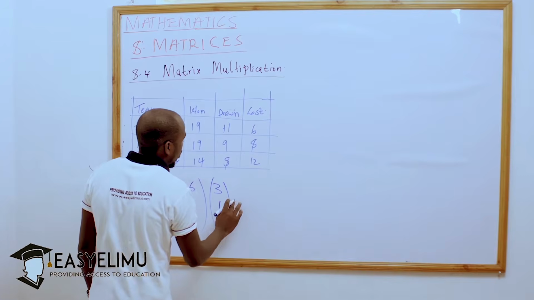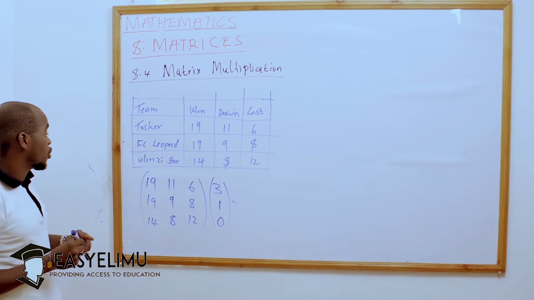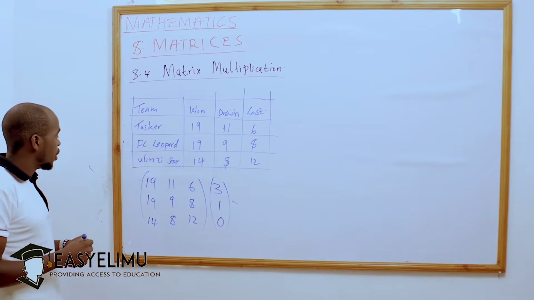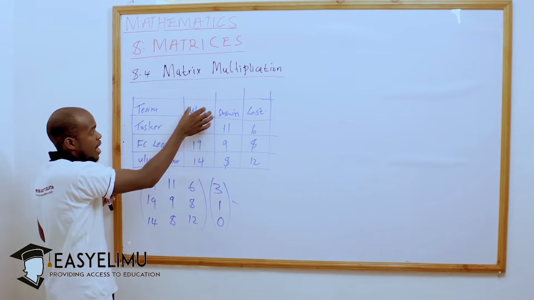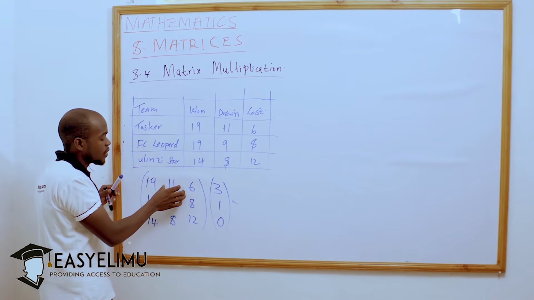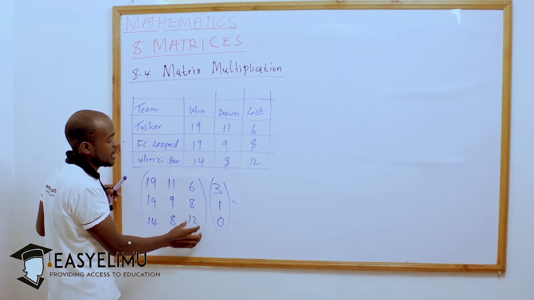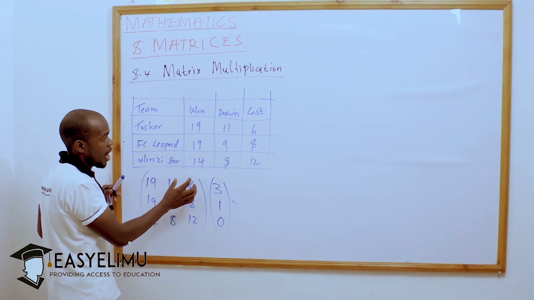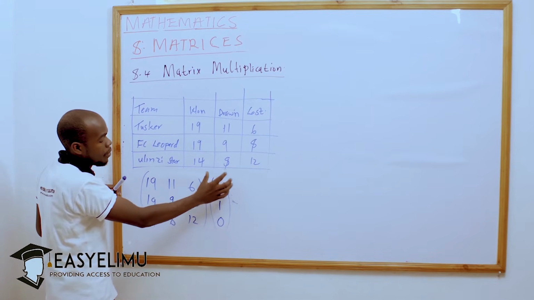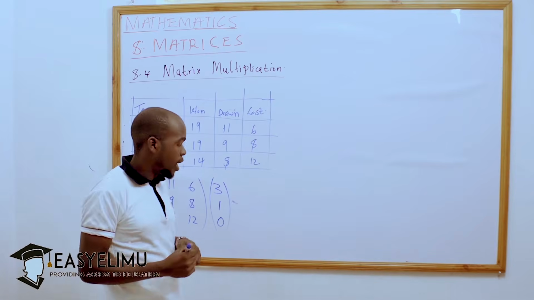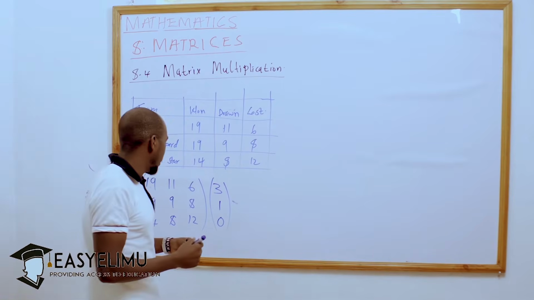And with that, we can now work out the total points of each team. Here the first row represents Tusker: 19 represents the number of wins, draws are 11, and the third column represents the games lost. And this one is our points matrix. So we are going to work out the points for each team.